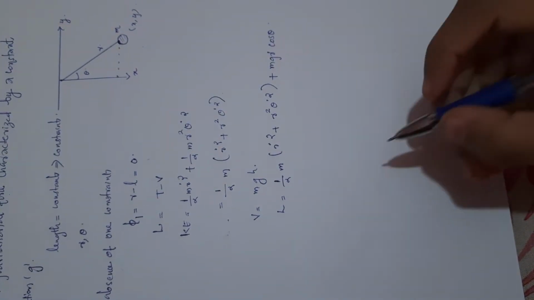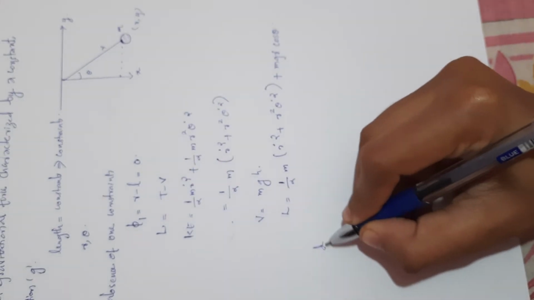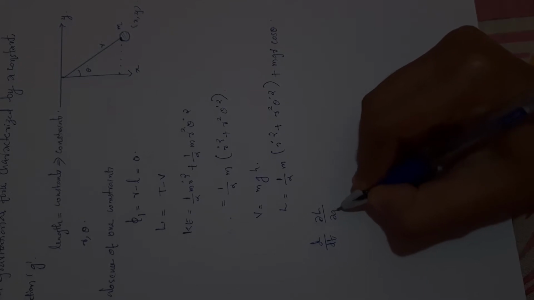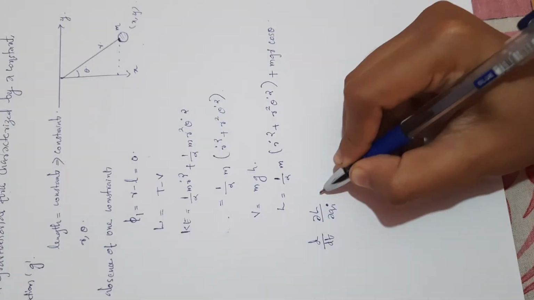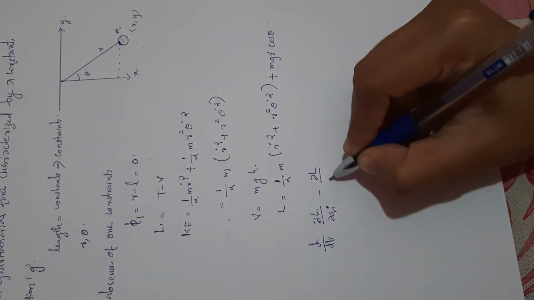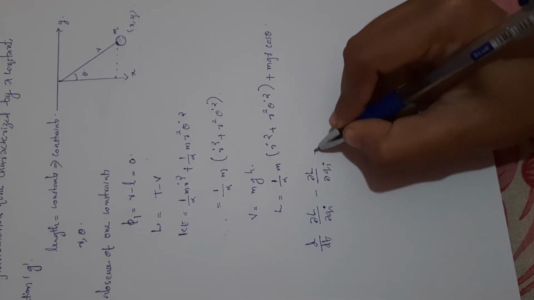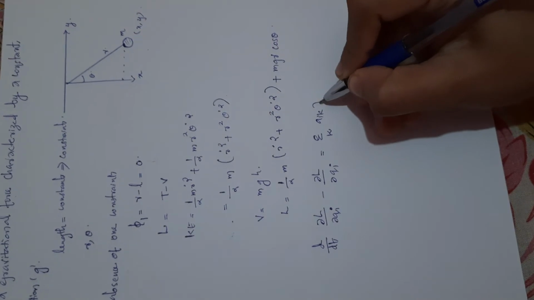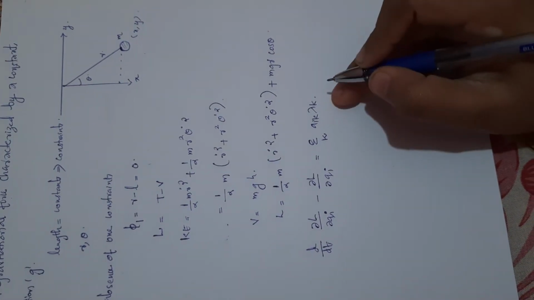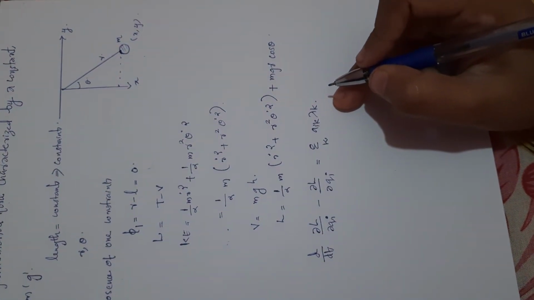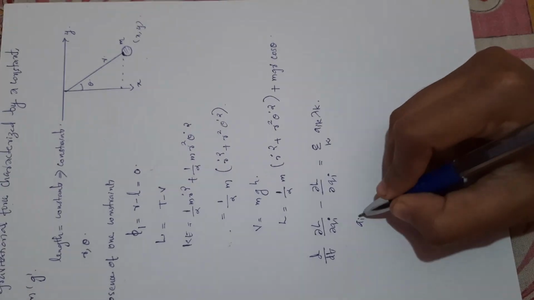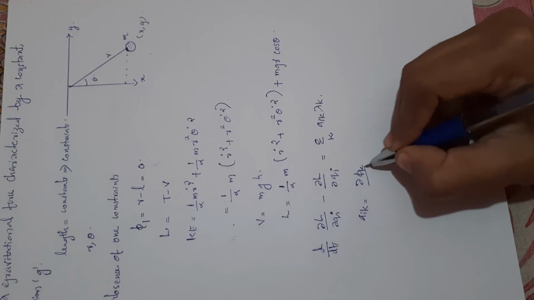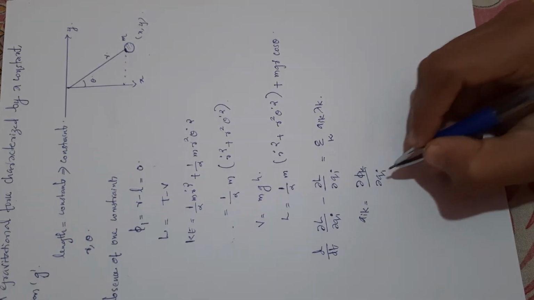Then our equation is d by dt of dou L by dou Qi dot minus dou L by dou Qi is equal to sum over k of aik lambda k. This is the equation that we have already discussed. Then aik is equal to dou phi k by dou Qi.